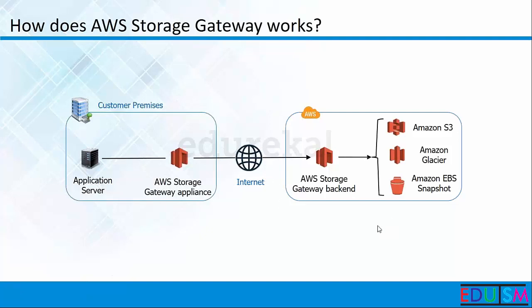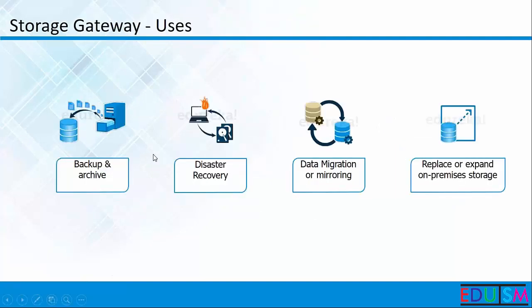On the Amazon end, there is a service running, AWS Storage Gateway, which acts as an interface between the internet and Amazon S3. So we can upload our data on Amazon S3 via AWS Storage Gateway. I'm going to perform a hands-on demonstration for that.